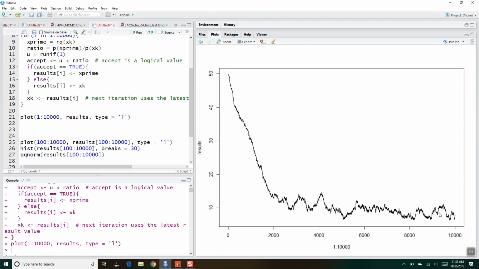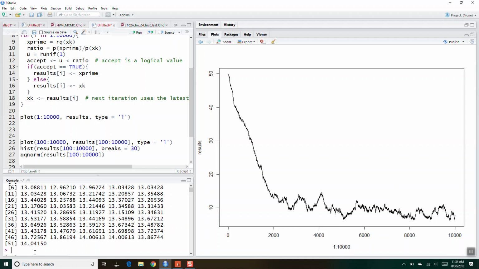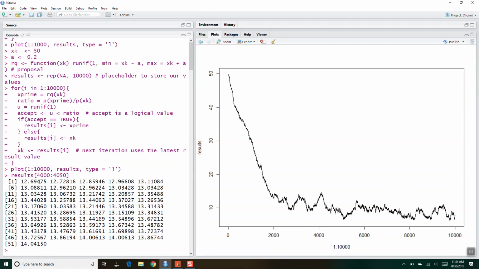We're just proposing tiny little changes, and so almost every proposed value is accepted. If we take a look at values from 4,000 to 4,050, okay, what we see is, we're at 12.69, then we move to 12.72 to 12.85, and it seems like we're almost never rejecting any of the values, okay?